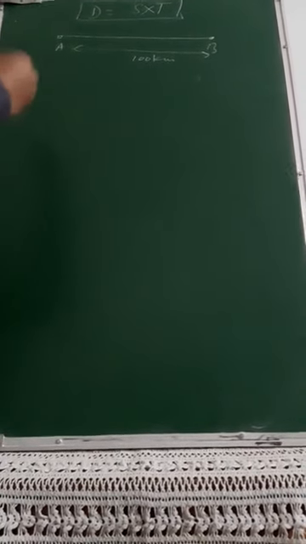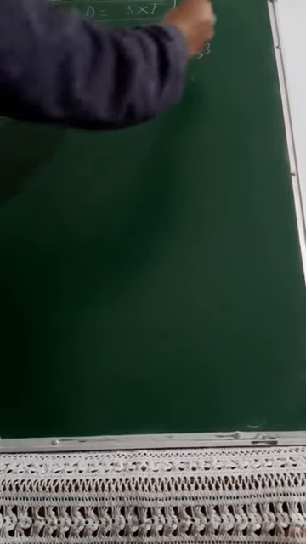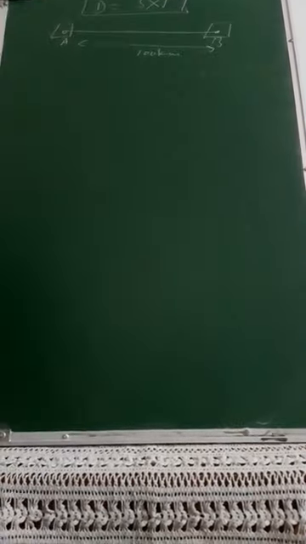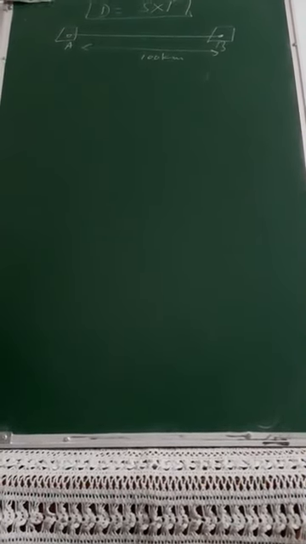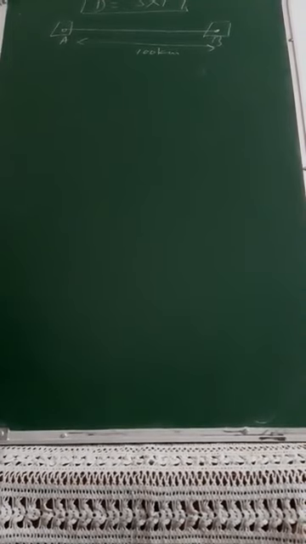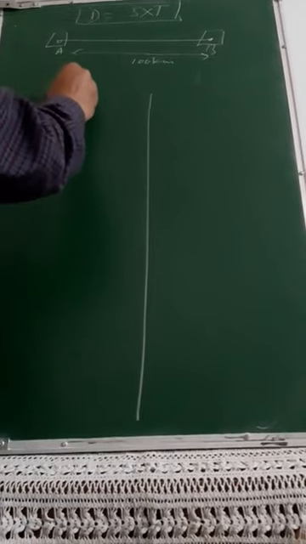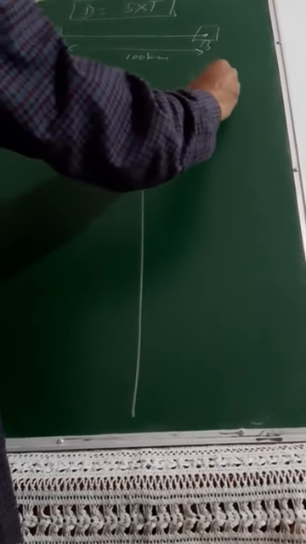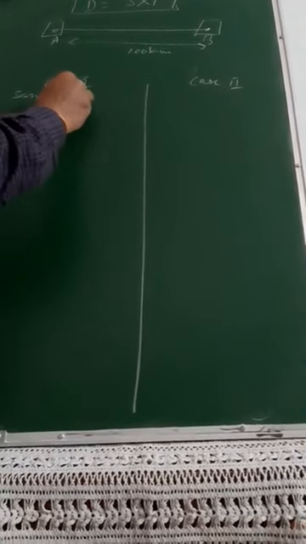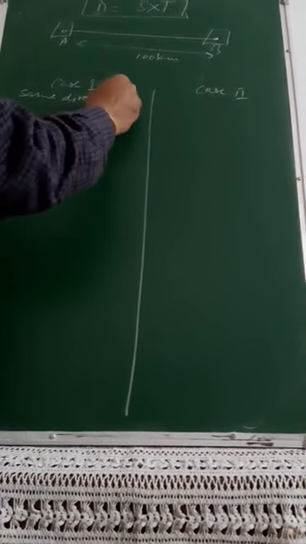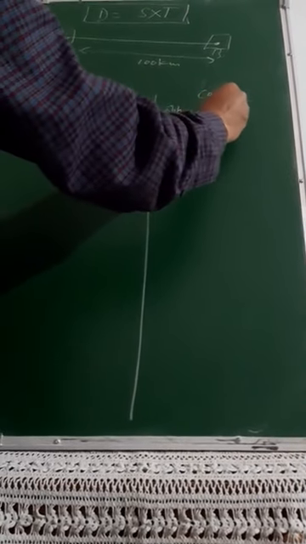Now what happens? One car is starting from A and another is starting from B. If the cars travel in the same direction, now I have to simultaneously talk about the two cases. Case 1, same direction, and case 2, when the cars are traveling in opposite directions.